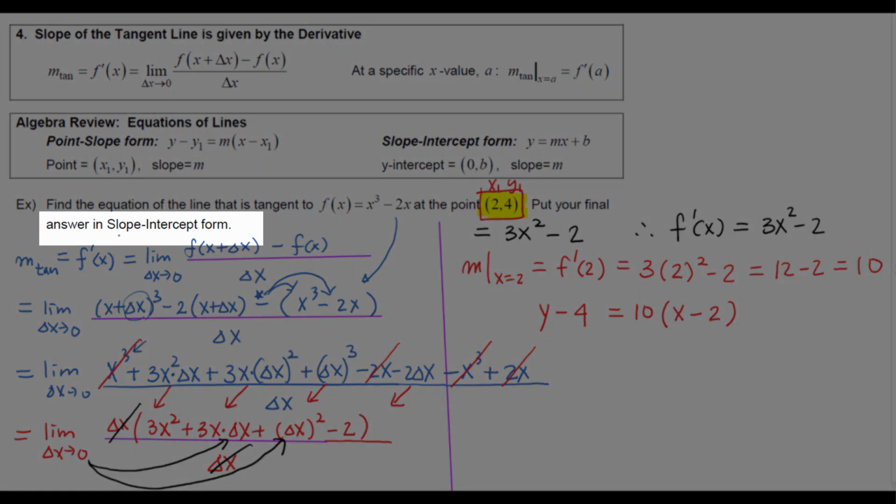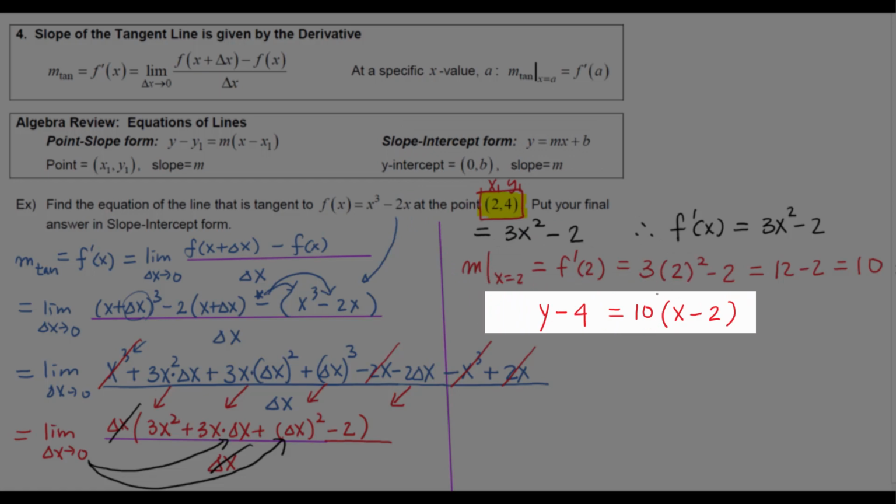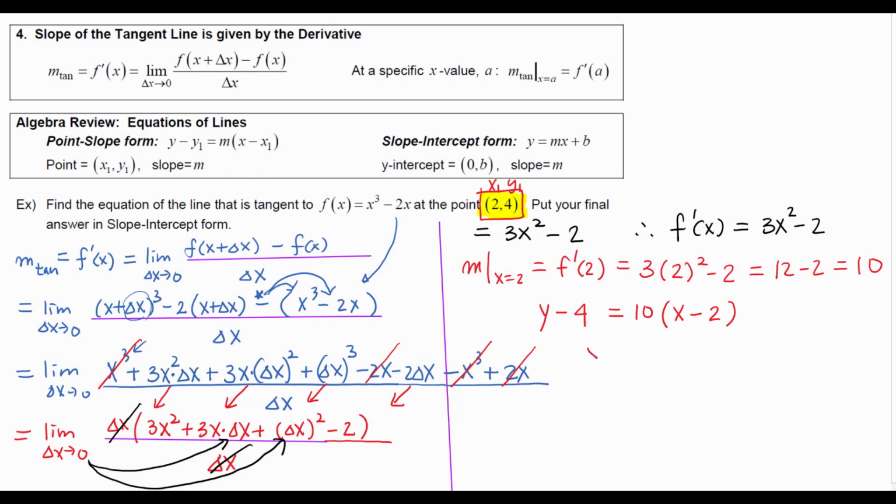But they said to write the answer in slope-intercept form, so I need to distribute the 10 and move negative 4 to the other side. So I have y minus 4 equals 10x minus 20. When I add 4 to both sides, I get y equals 10x, and negative 20 plus 4 is minus 16. So I found the equation of the tangent line in slope-intercept form.